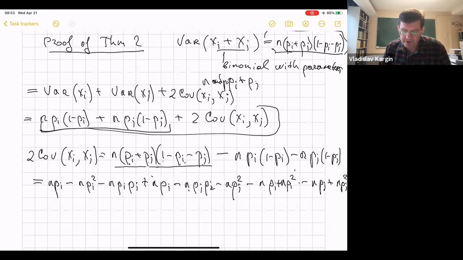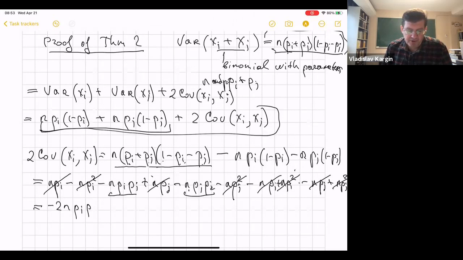So now we'll look at what we can cancel out here. So n pi squared cancels out with this thing. So I need to write a little bit more accurately. n pj cancels with this thing, and this n pj cancels with this thing. So what remains is these two pieces, right? So it remains that it's equal to minus 2 n pi pj.